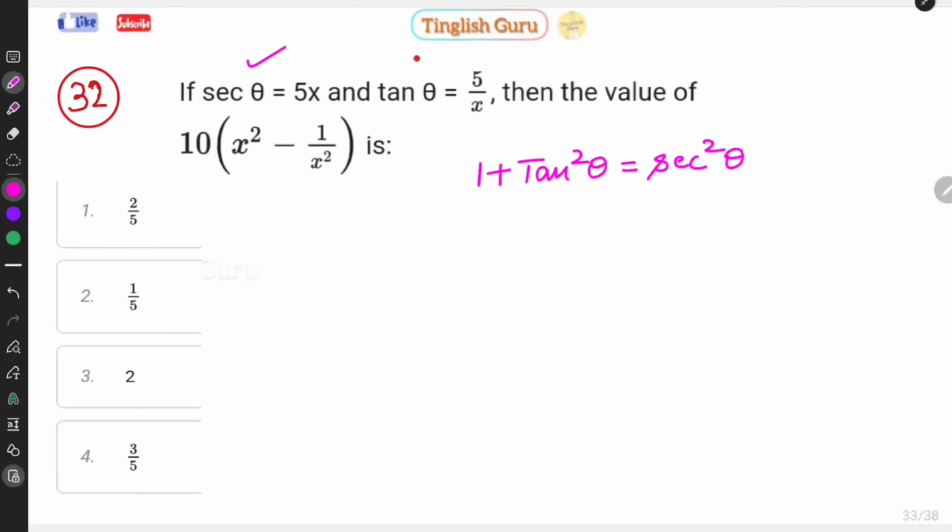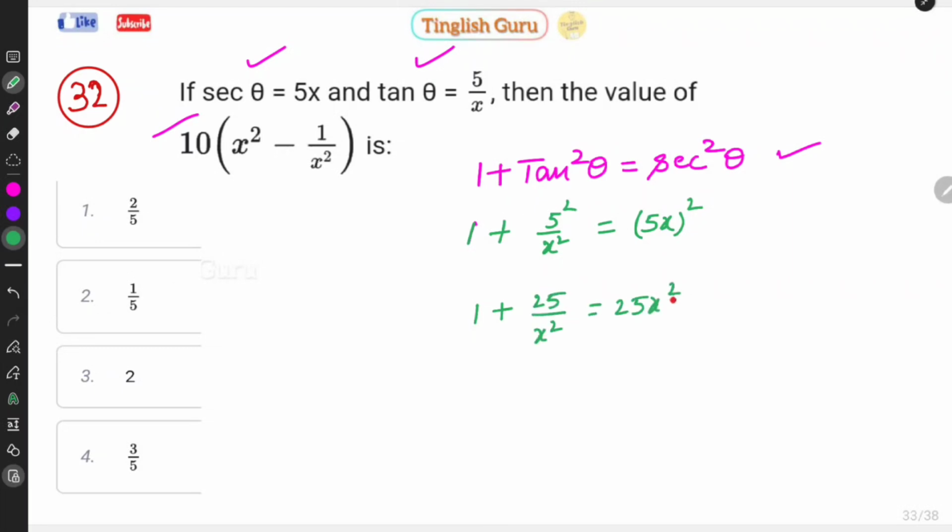Next, this is a trigonometry question. Secant value is given and tan value is given and we are asked to find this. We know the identity 1 plus tan square theta is equal to secant square theta. We will substitute the values. 1 plus tan theta whole square means 5 square divided by x square is equal to secant square theta, which means 5x whole square, that is nothing but 1 plus 25 by x square is equal to 25 x square.